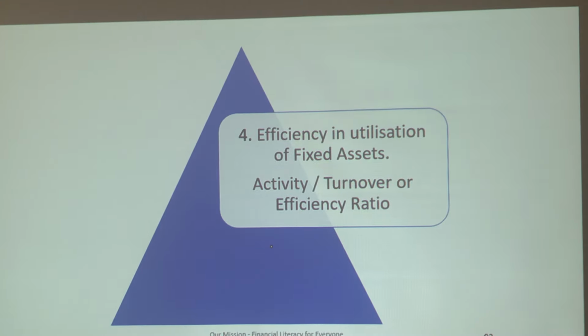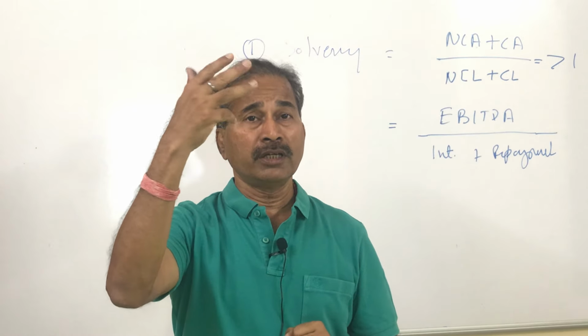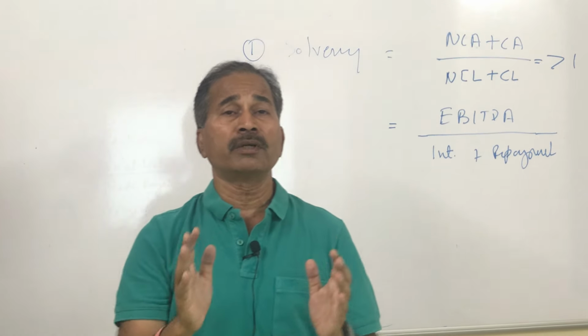So friends, we will take a break or pause here. What we have covered so far is 3 categories of the ratios out of 8. Category number 1 is profitability.